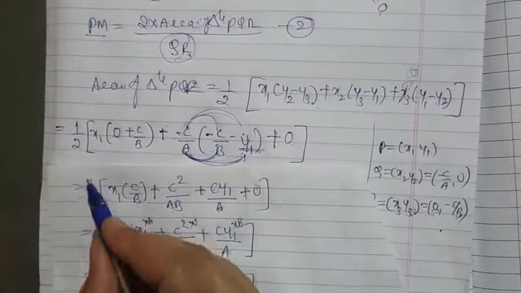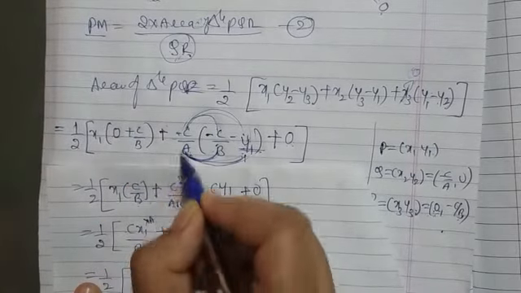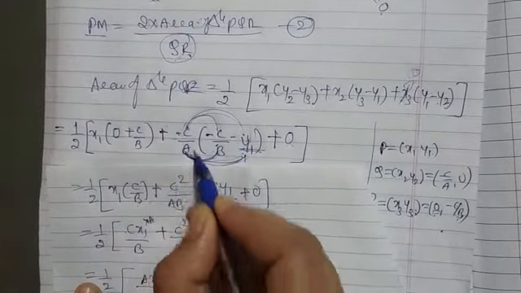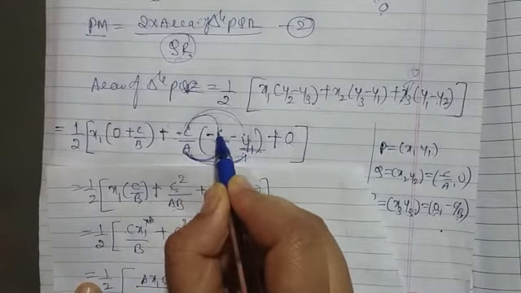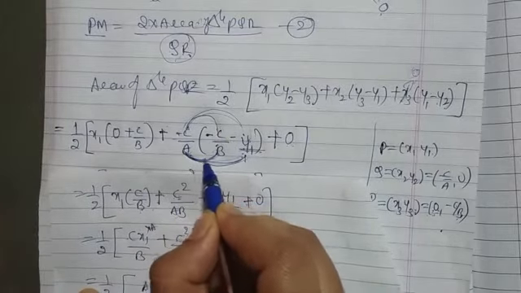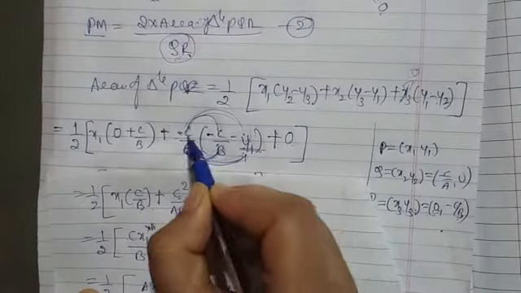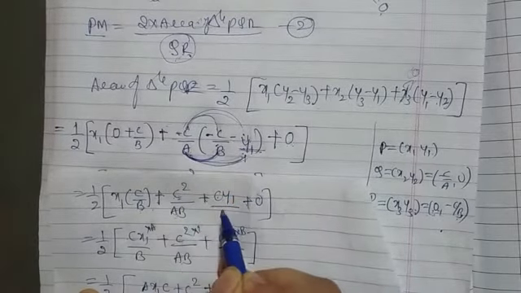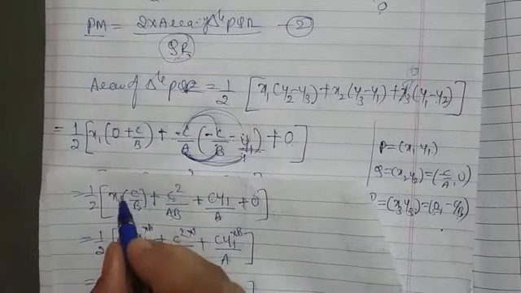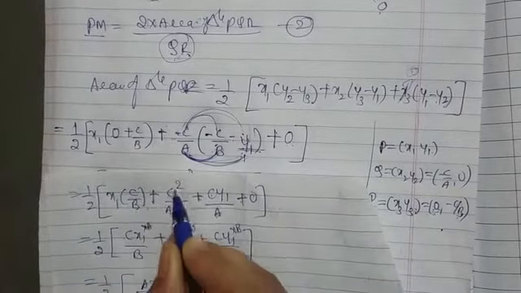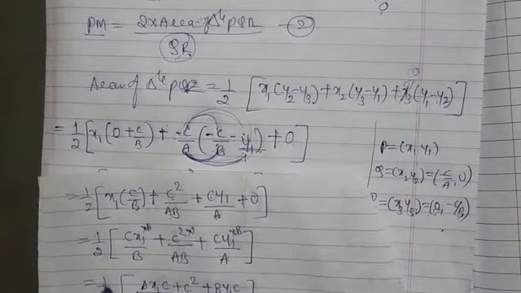So this is equal to 1 by 2 x1 into c by b, plus minus into minus c is plus, c into c is c square in the numerator, divided by the denominators a into b, plus c y1 divided by a, plus 0. So this is equal to 1 by 2 of c x1 by b plus c square by ab plus c y1 by a.